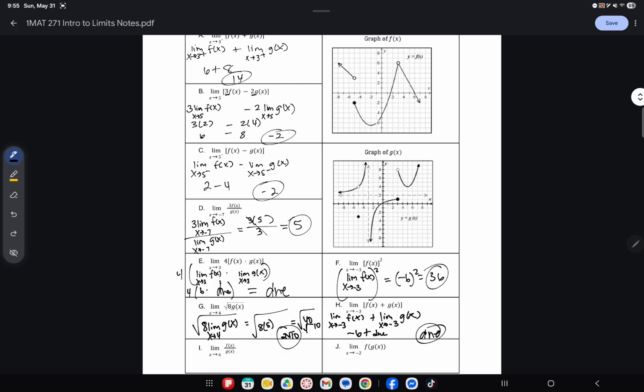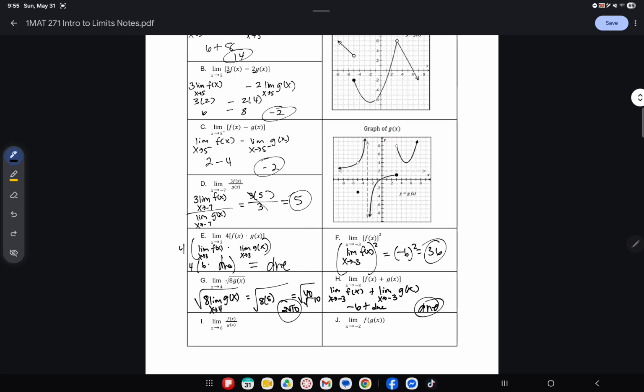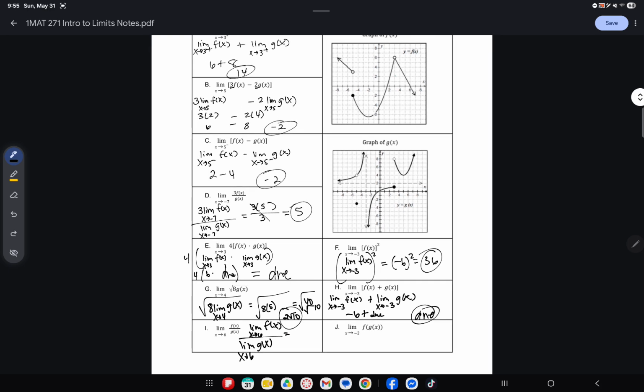So, doesn't exist. All right, as we're approaching 6. So, the limit as x approaches 6 for f of x divided by the limit as x approaches 6 for g of x. So, f at 6 looks like 0, and then g at 6 looks like 5, and 0 over 5 is 0.